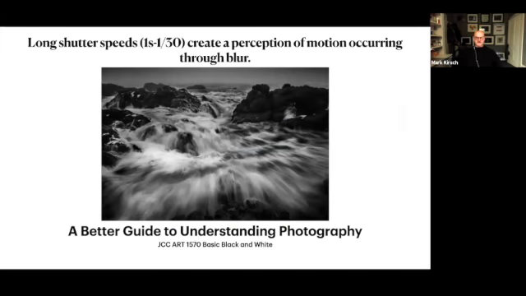Long shutter speeds, 1 second through 1/130th of a second, create a perception of motion through blur. So the shutter's open, things are traveling, and they leave a trace across the film.